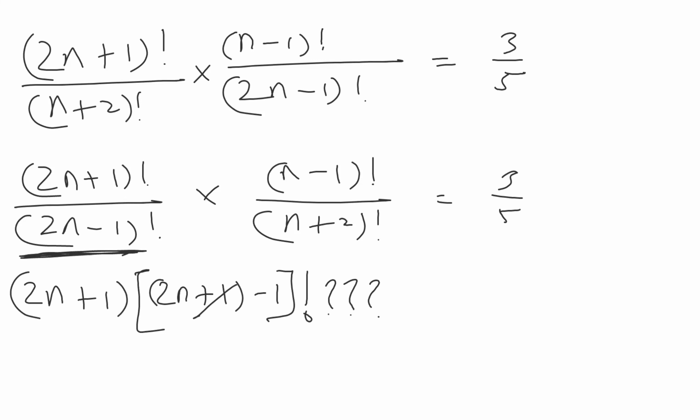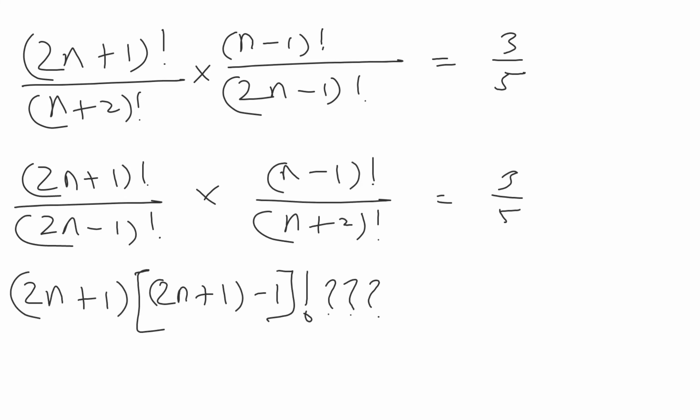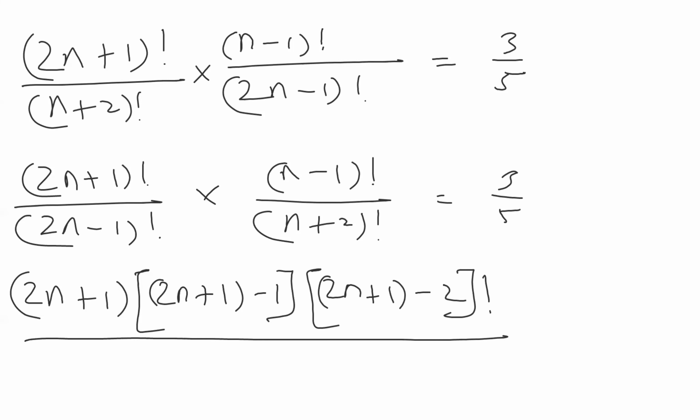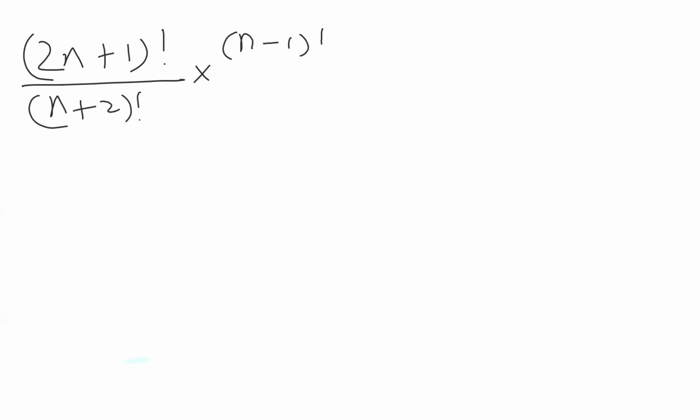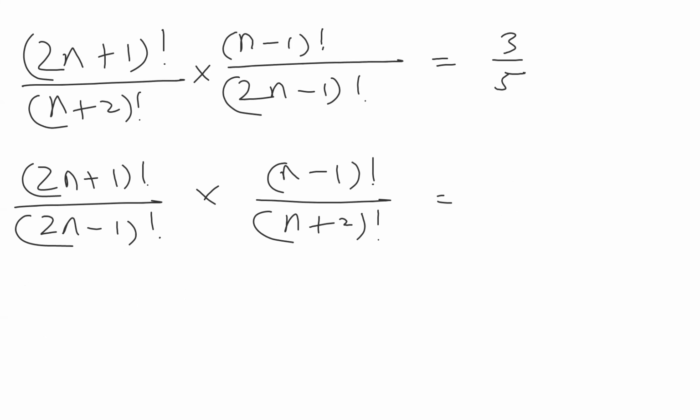Here this one and this one will get cancelled, so we'll be left with only 2n. We require 2n minus 1. Then 2n plus 1 minus 2. So I'll stop over here basically, upon 2n minus 1 factorial, right? Correct. So this is 2n minus 1 factorial.